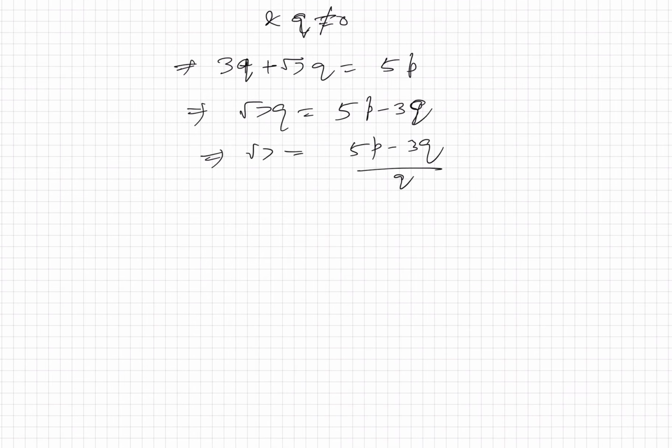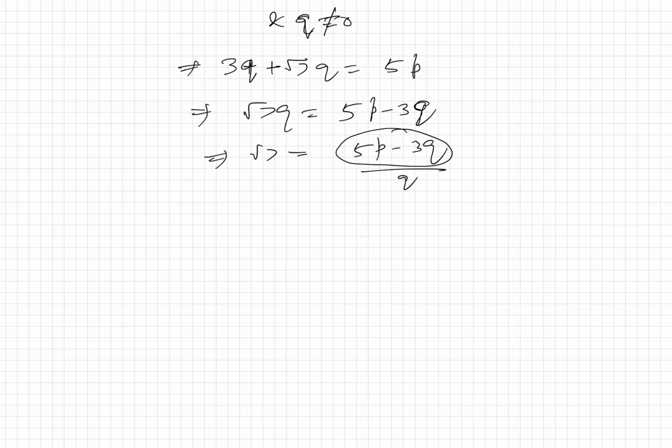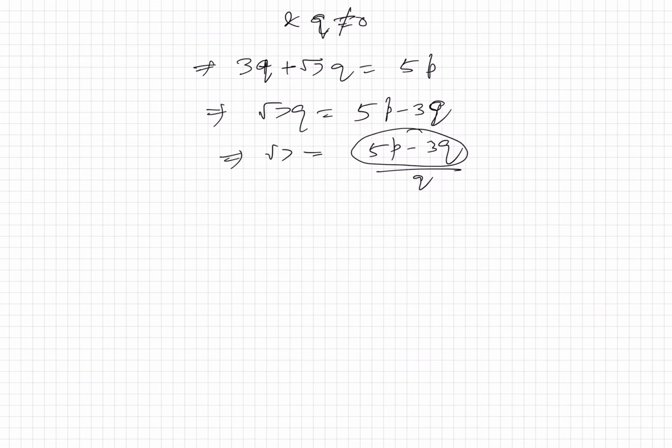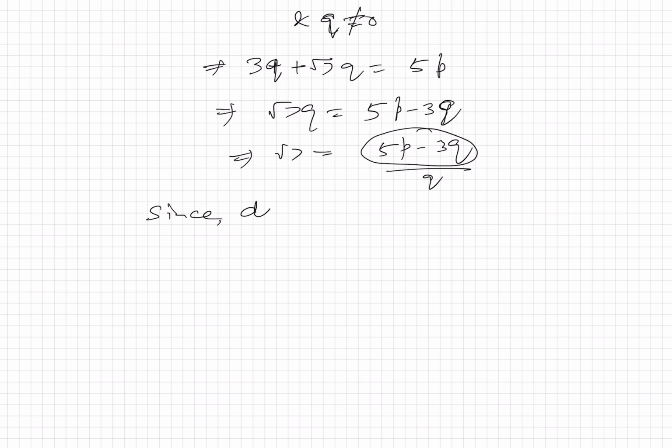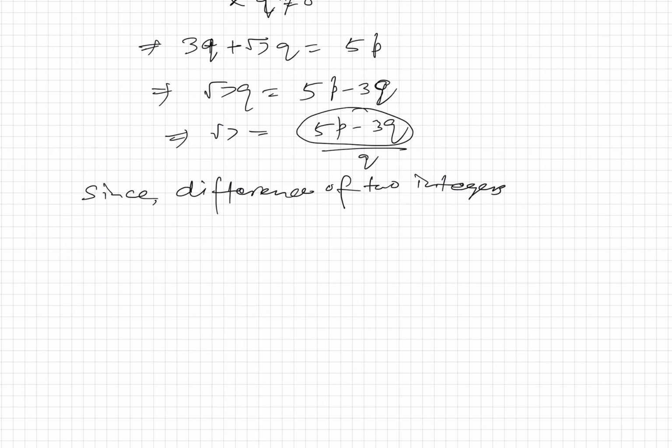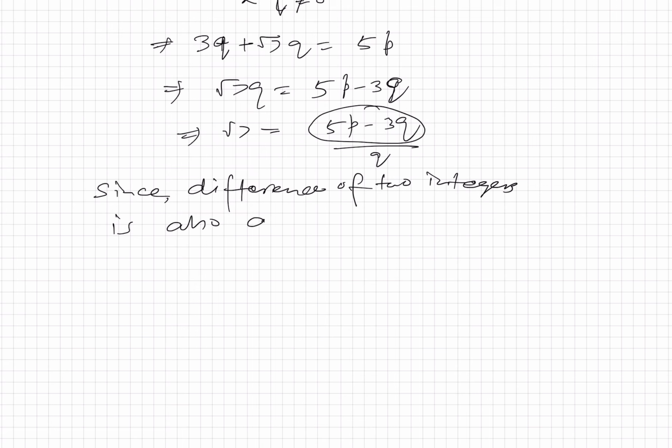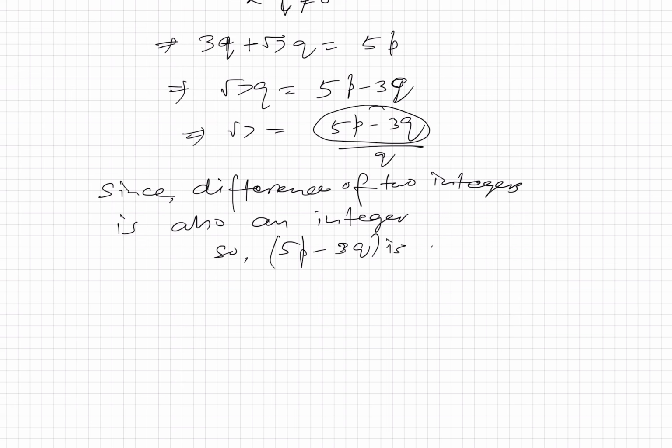Since difference of two integers is also an integer, so 5P minus 3Q is an integer. We will write, since difference of two integers is also an integer, so 5P minus 3Q is an integer.